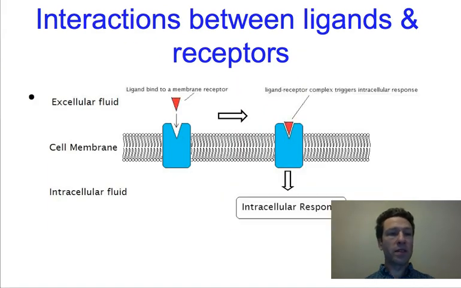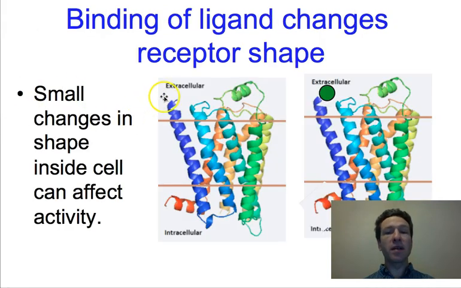Let's go back to a situation where the ligand in fact does fit with the receptor and talk about what will happen. There needs to be some way for the signal from that ligand to be communicated inside the cell. And again, this will remind you very much of what happens with enzymes. When a ligand binds to a receptor, it is going to have subtle effects on the shape of that receptor.